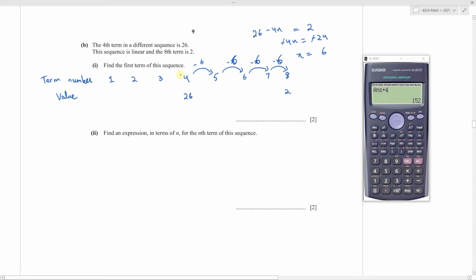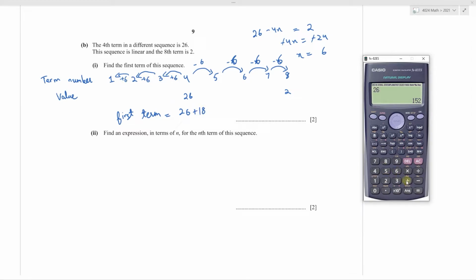In this direction, that means if I go from here to here, I'm adding 6 in the opposite direction. So the first term will be 26 plus this 6 plus this 6 plus this 6. So how many 6s am I adding here? 6 plus 6, 12 plus 6, 18.